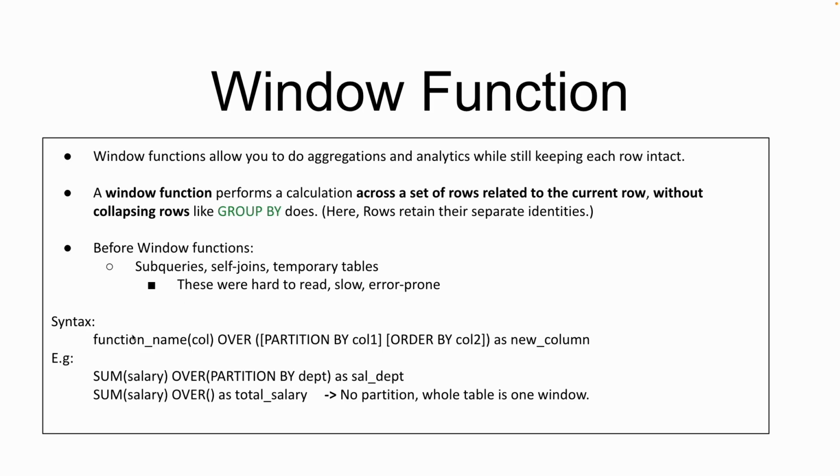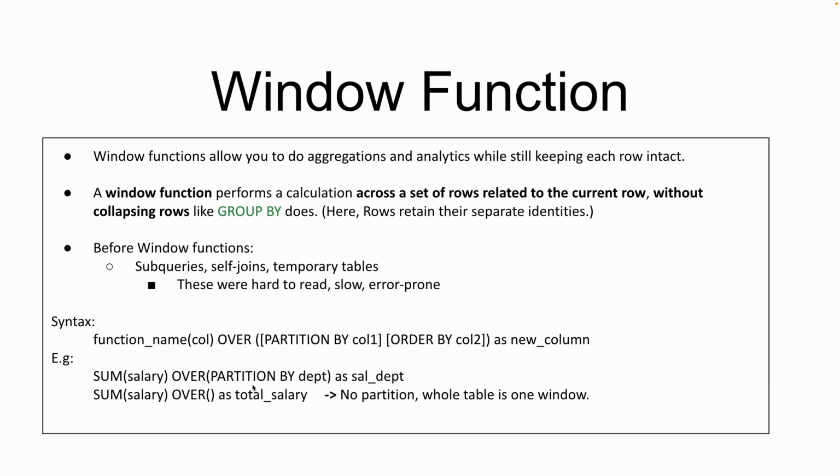So the syntax: you write the function name, column, and this OVER clause, and inside the OVER clause you put PARTITION BY and then ORDER BY, and give an alias. For example, you are doing a SUM of salary OVER PARTITION BY department.